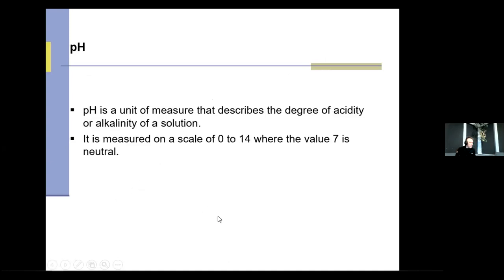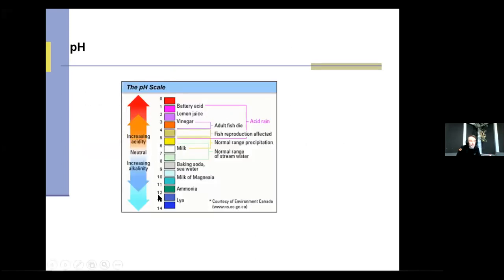Just a reminder about pH. pH is a measure that describes how acidic or alkaline or basic the solution is, measured on a scale of 0 to 14, where 7 is neutral. We should look here at some typical things that we deal with in the water treatment industry.